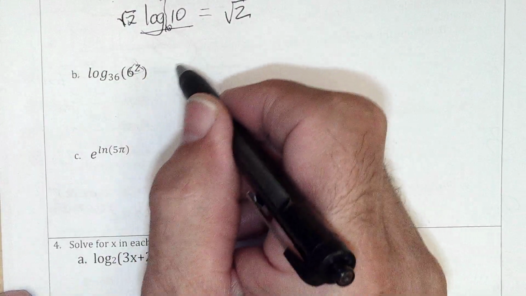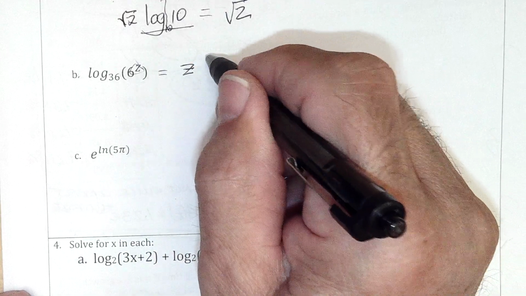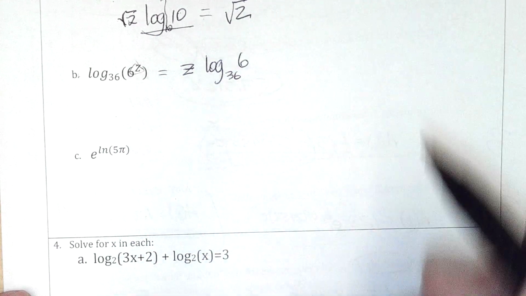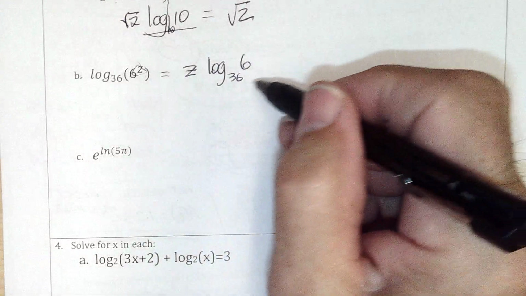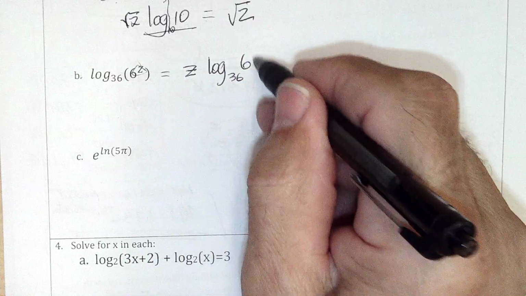Power comes down, so we get z log base 36 of 6. So what power do I take 36 to get 6? Well, I need to take the square root, and the square root power is 1/2.